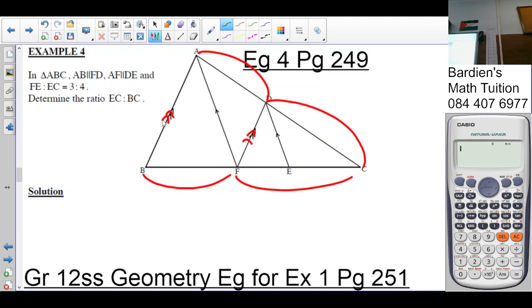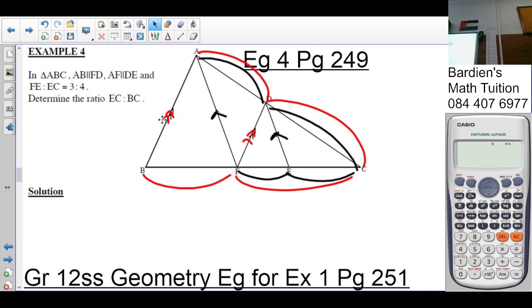From this we also know that AF is parallel to DE. So AF is parallel to DE, which in turn means that AD over DC is equal to FE over EC.